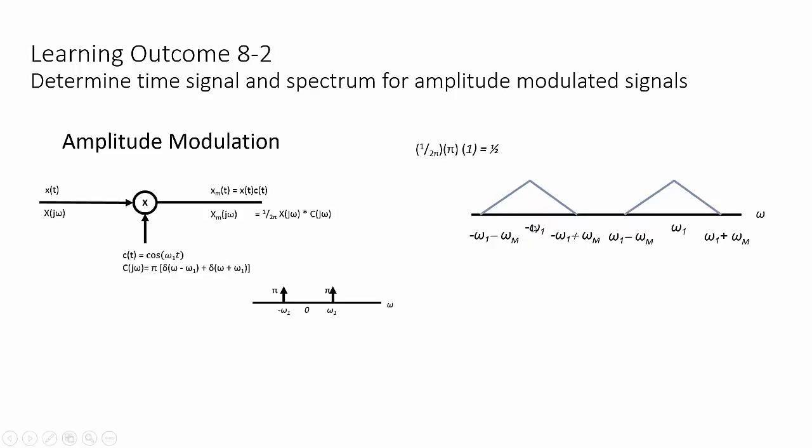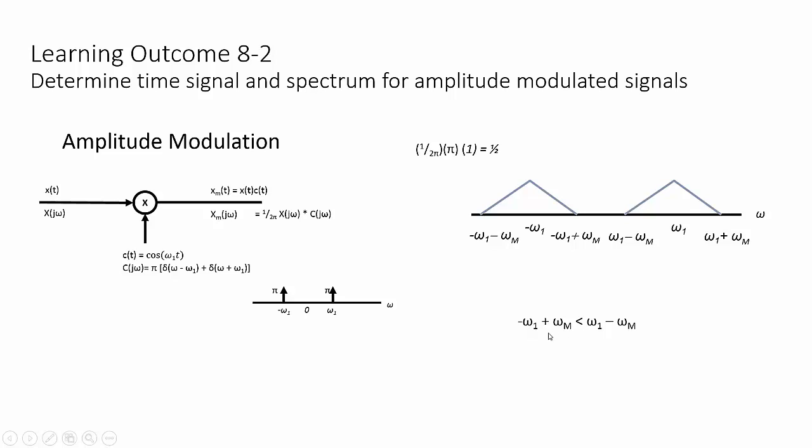Okay, what do we need to put as conditions on omega 1 and omega m so these two do not overlap? What value has to be greater or less than the other value in order for these two triangles not to overlap? We need to have negative omega 1 plus omega m to the left of omega 1 minus omega m.